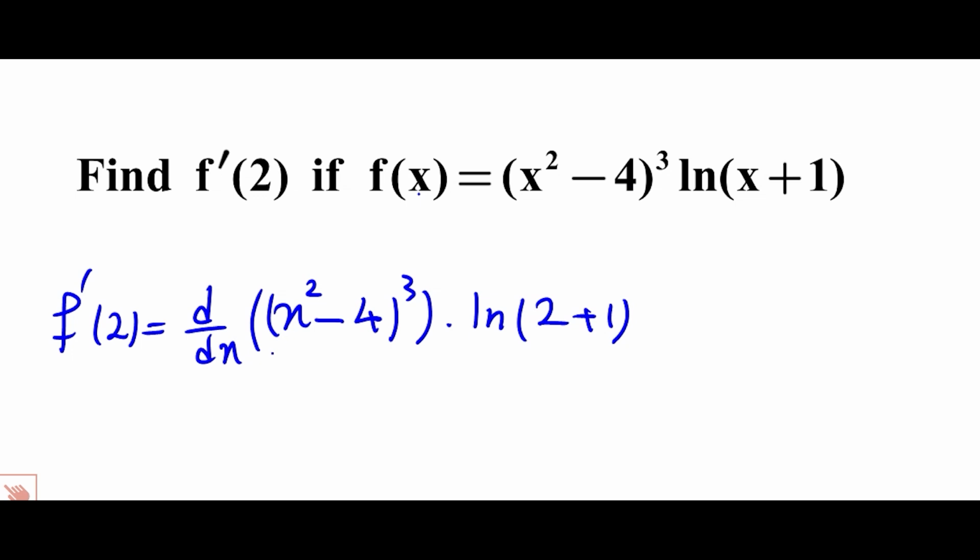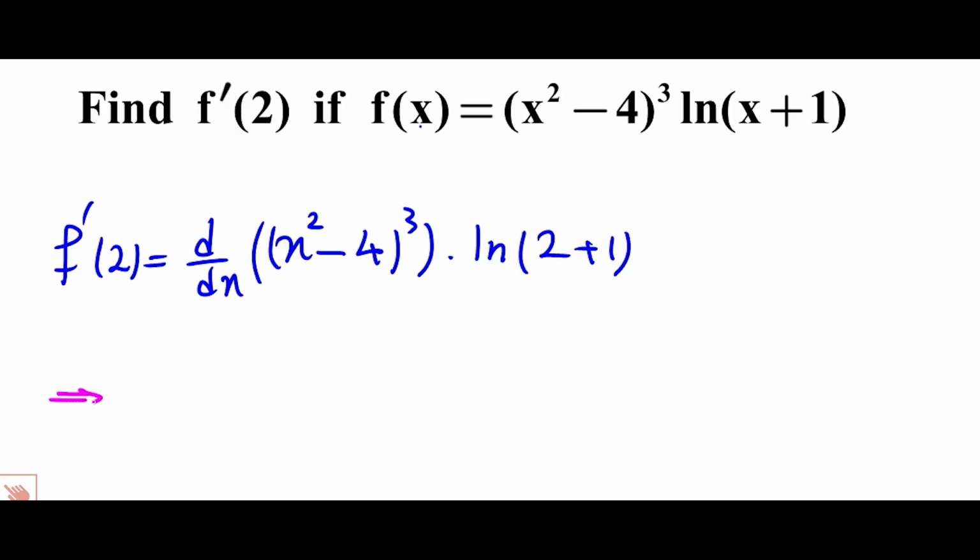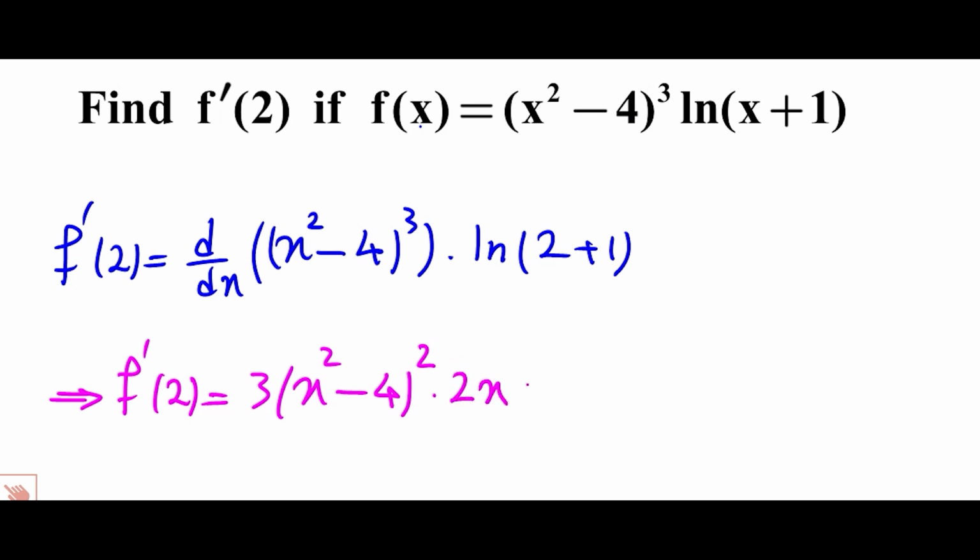Okay, so the derivative of x squared minus 4 cubed is 3 times x squared minus 4 squared times the derivative of x squared minus 4, which is 2x, times ln of 3.